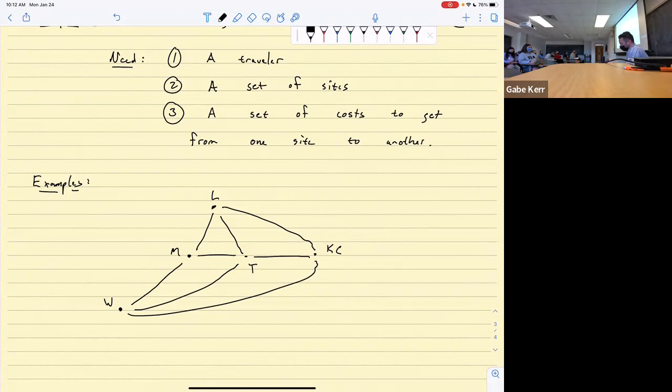Then I'm going to put a cost on every edge. That cost depends on what I'm looking at. I just chose some random thing, maybe how many dollars it would cost for gas, or if I stop for food or whatever, to get from one to another. This is not to scale, and it's not realistic.